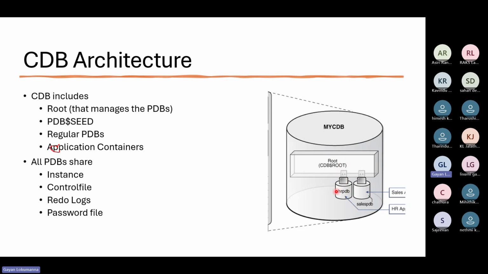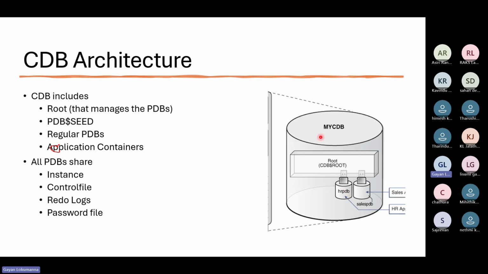As an example, the same thing I told you about the table, right? Let's say we have a table called table one with a certain number of columns. That is the metadata I'm talking about here. From root, you will be able to see the table structure of HRPDB's table one.